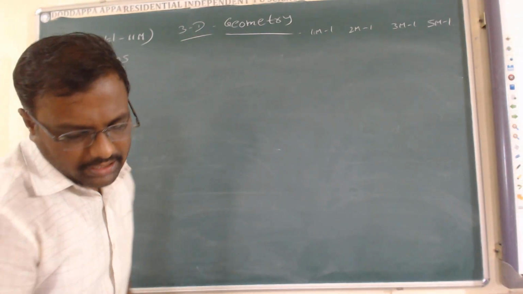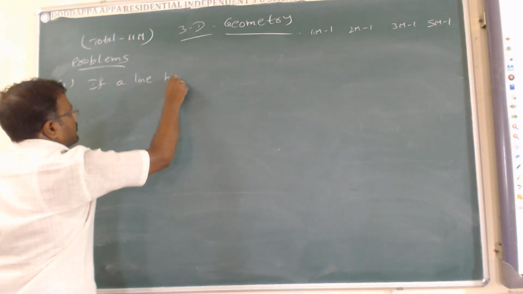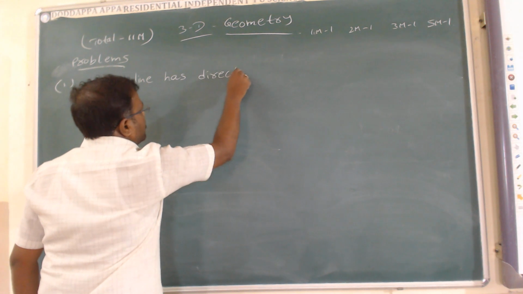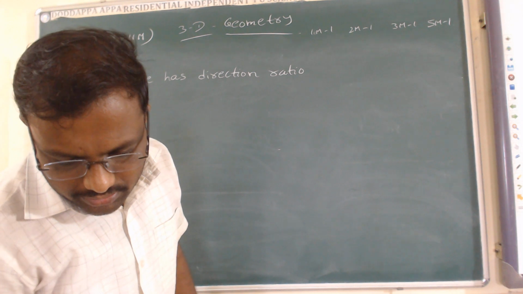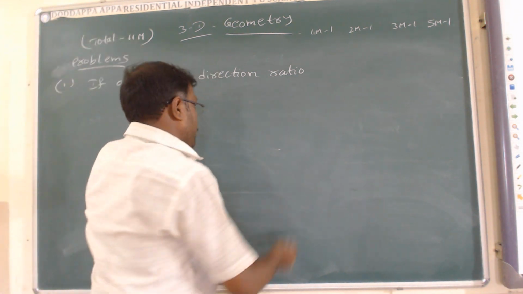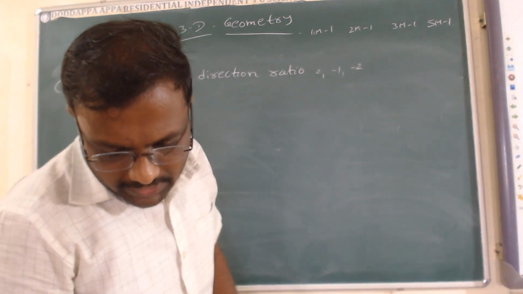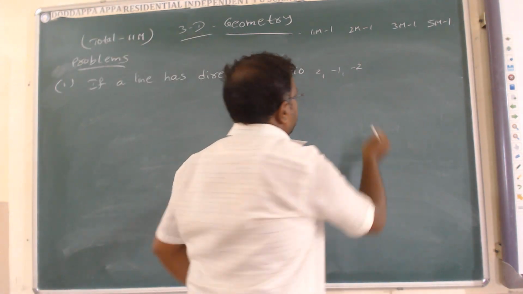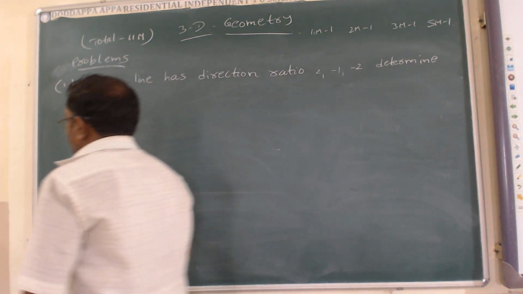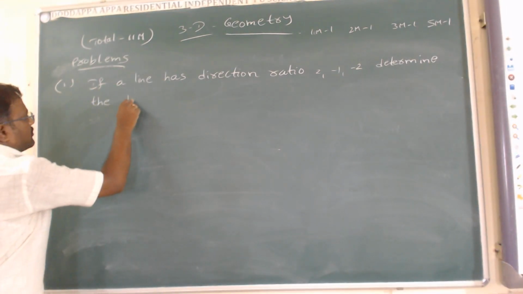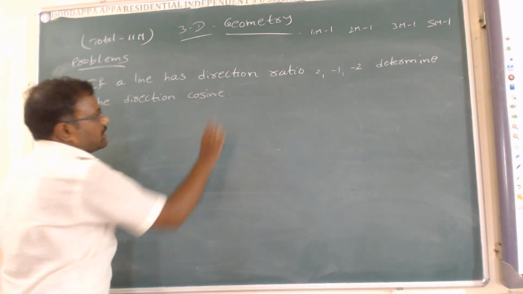Okay, first one, if a line has direction ratio 2 comma minus 1 comma minus 2, determine the direction of cosine.